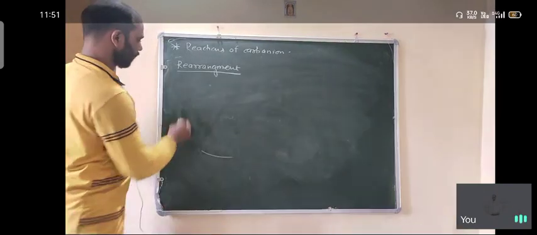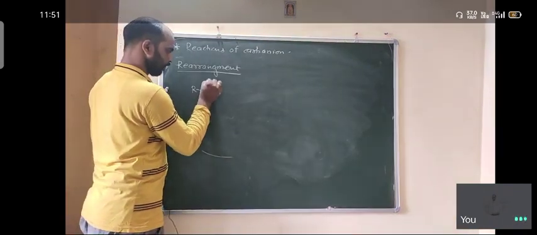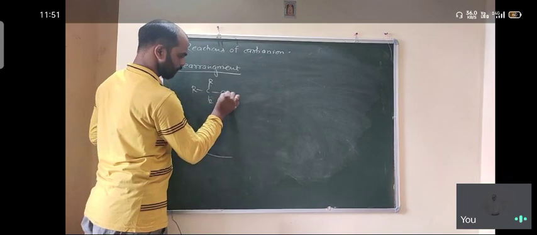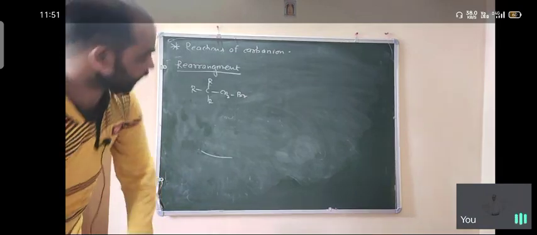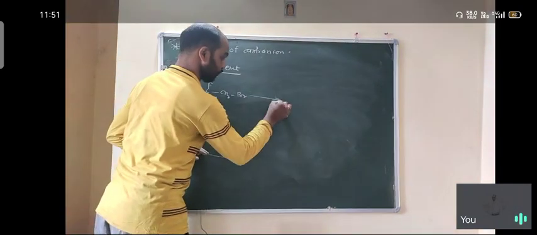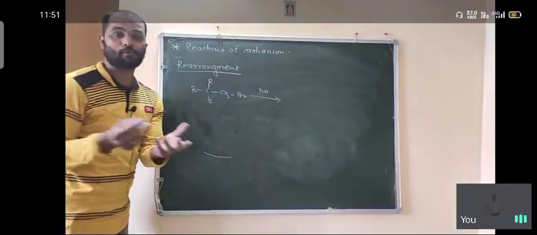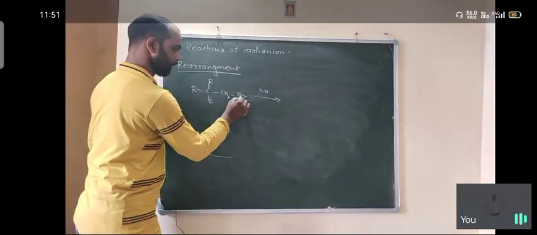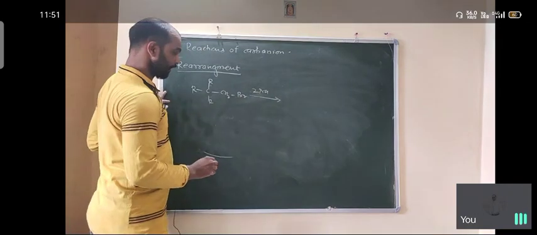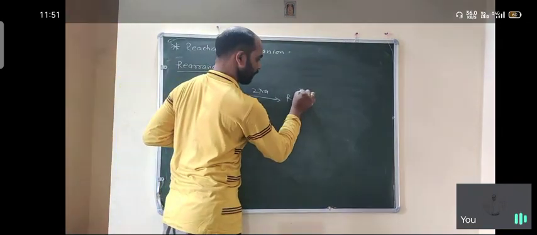Suppose for that I take an example here, R CH2Br. I already discussed with you the removal of a group or atom: halogens are easily replaced by sodium metal. Twice the amount of sodium metal is required here.